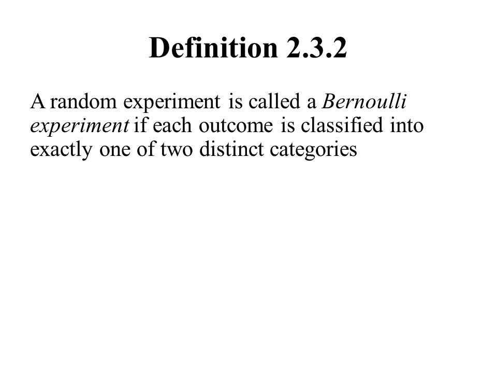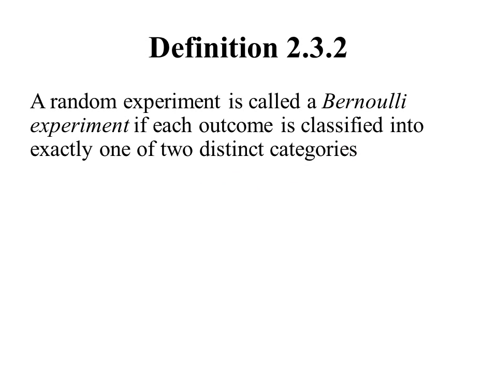Now, before we define our next type of distribution, we're going to define something that we call a Bernoulli experiment. A random experiment is called a Bernoulli experiment if each outcome is classified into exactly one of two distinct categories. And this is the key word here, two distinct categories is the important phrase.